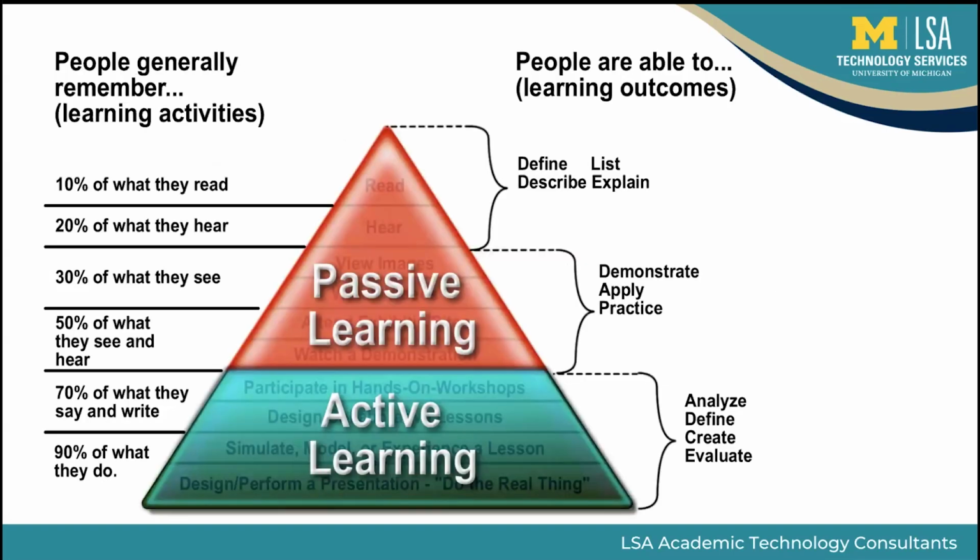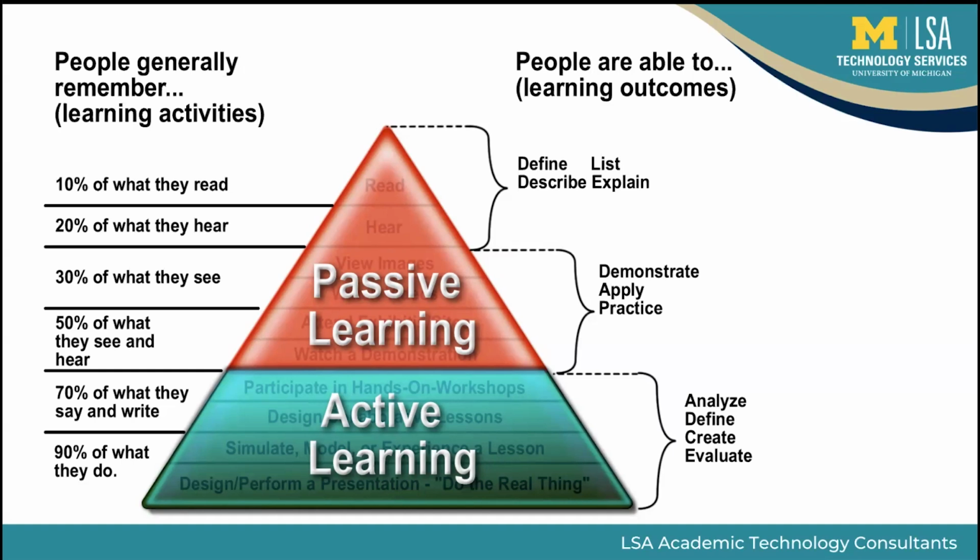This is a great visual that breaks down the difference between active and passive learning. It shows how students' recall and their ability to apply new concepts increases as learning becomes more active. So we see that students remember 10% of what they read, but they remember 90% of what they do.